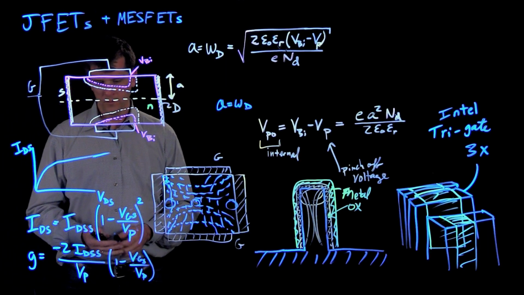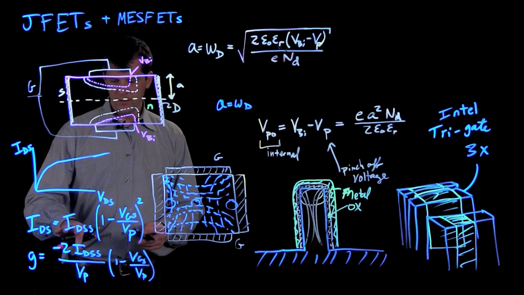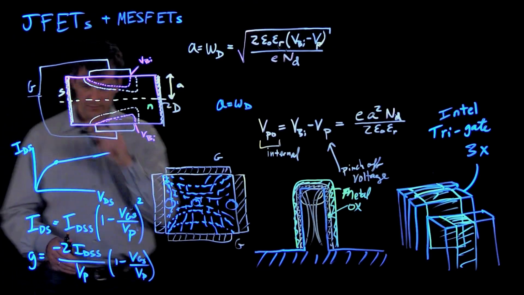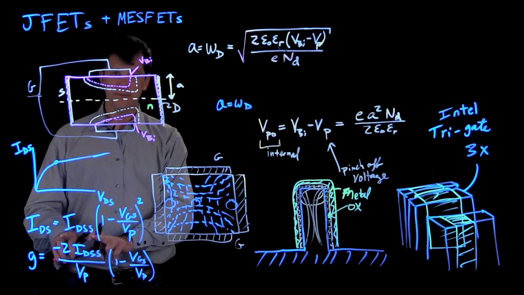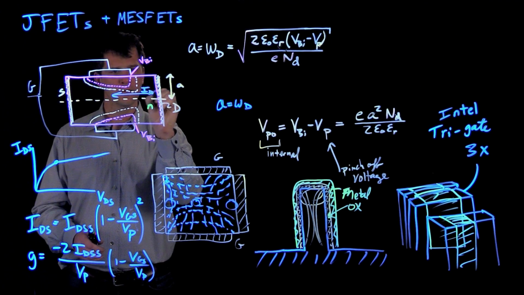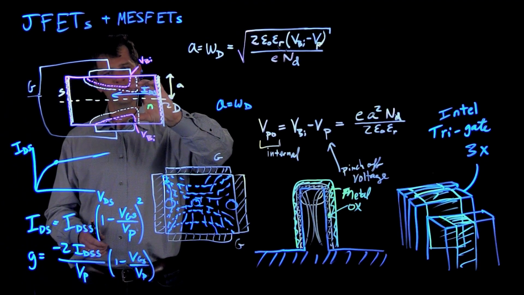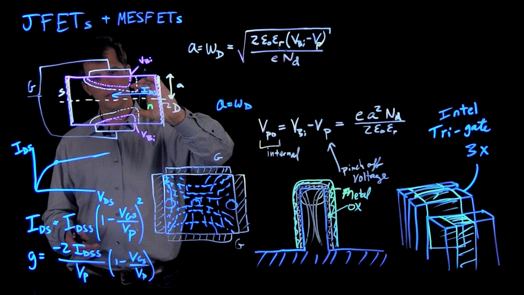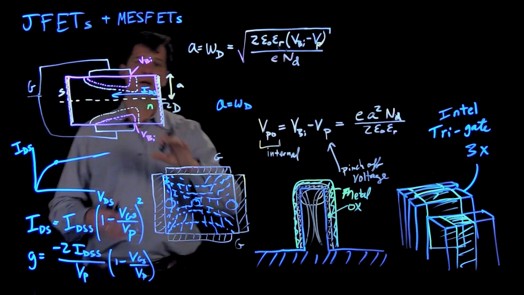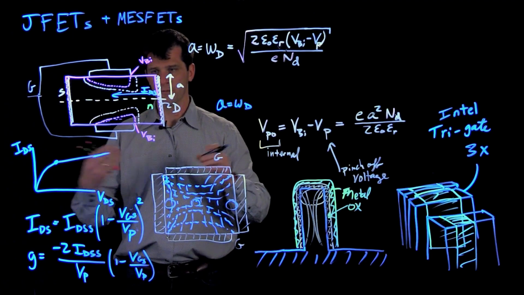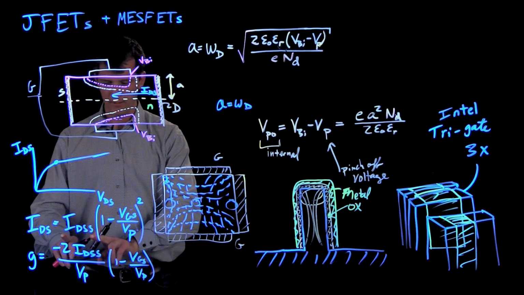The first equation gives the saturation value where this starts to roll over, and this IDSS refers to the current which flows at zero applied gate voltage. That current flows through the channel which is bounded by the built-in voltage induced depletion width at zero bias. So that's what IDSS is.